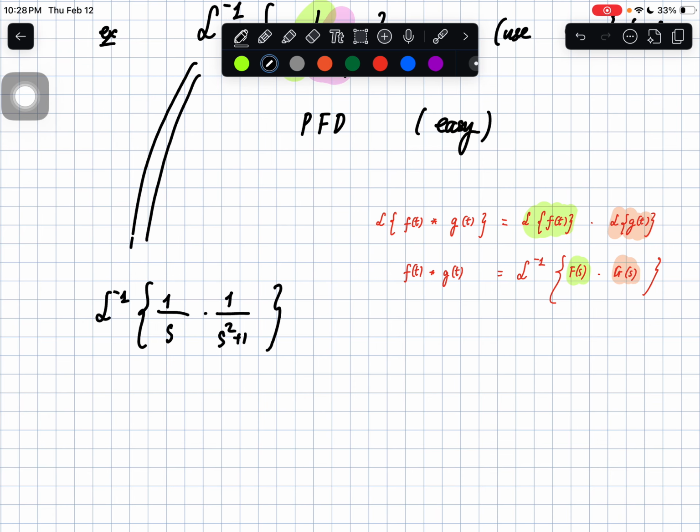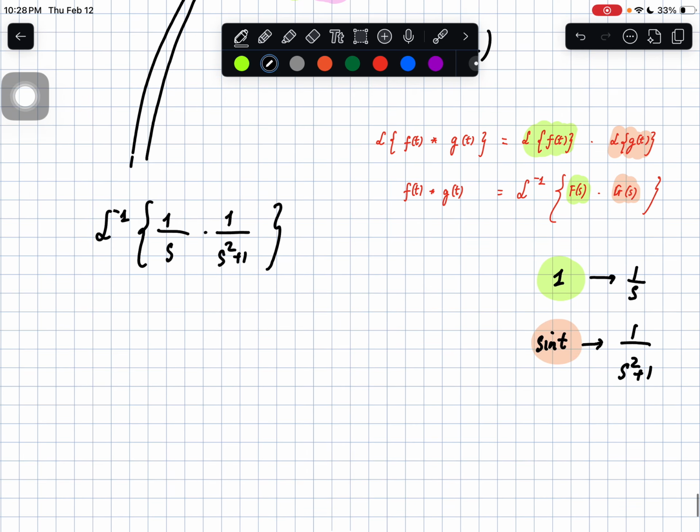So 1 over s is just the transform of the function f(t) equal to 1, and 1 over s squared plus 1 is the transform of the function sine t. So this is the function small f of t, and this is the function small g of t.